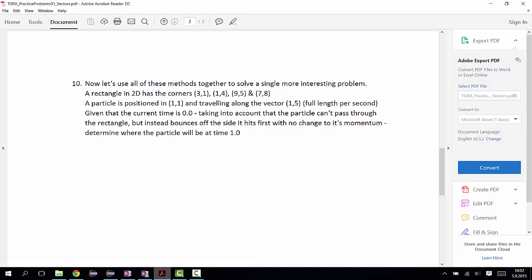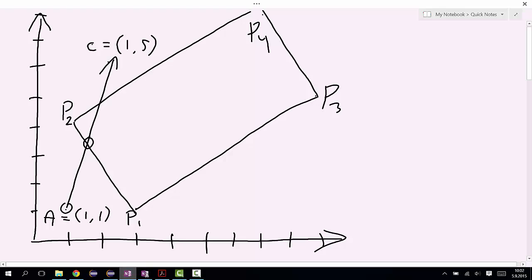And it asks at which position will the particle be at the time 1.0. So if it were uninterrupted, it would end up here at the time 1, since it's traveling along c for 1 full length of c per second.